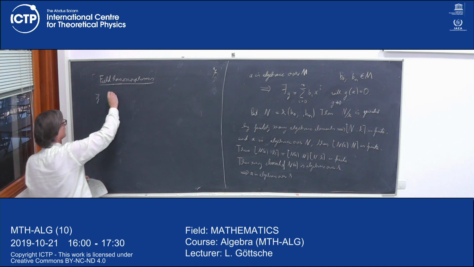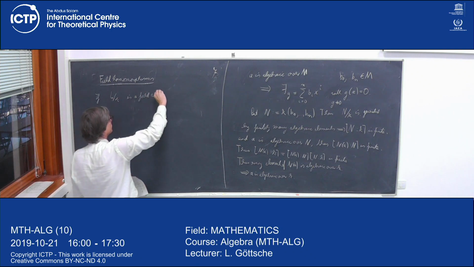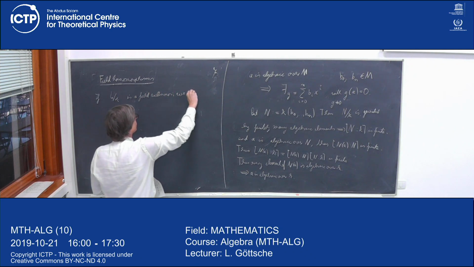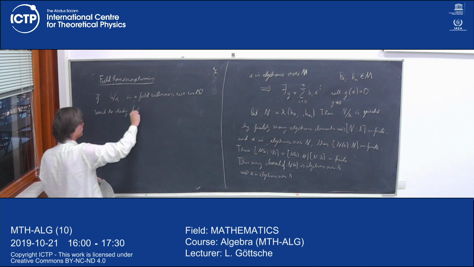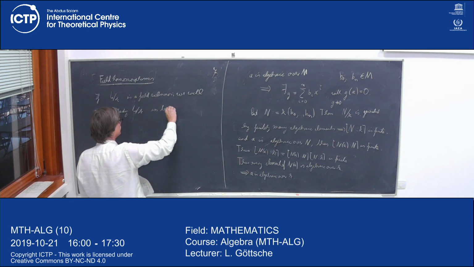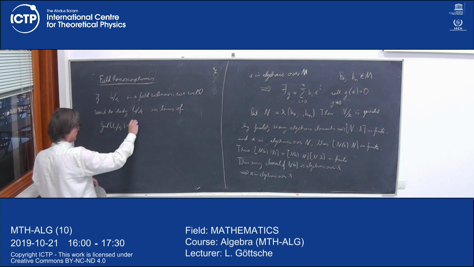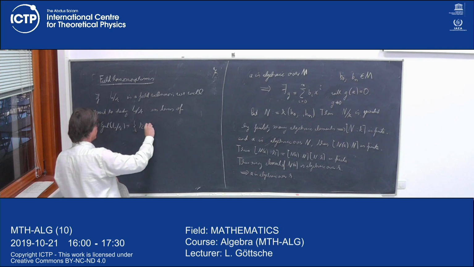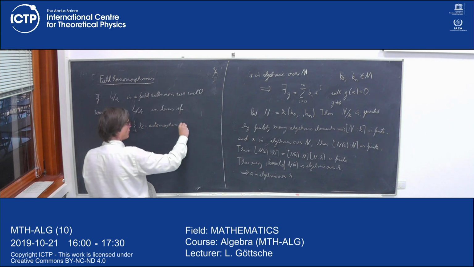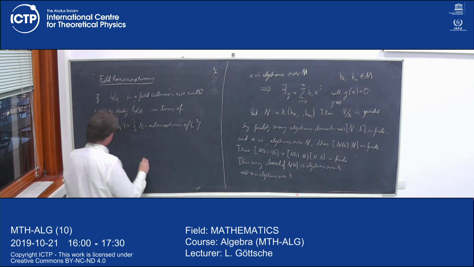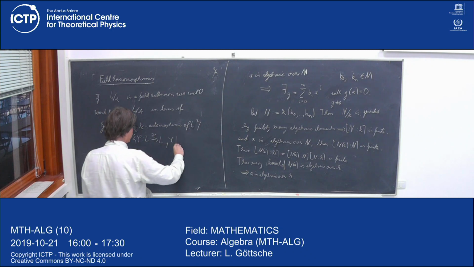So if, say, L over K is a field extension, we will want to study this extension in terms of what is called the Galois group of L over K, which is the set of all K-automorphisms of L. Remember, that is the set of all phi from L to L, isomorphisms, such that phi restricted to K is the identity.